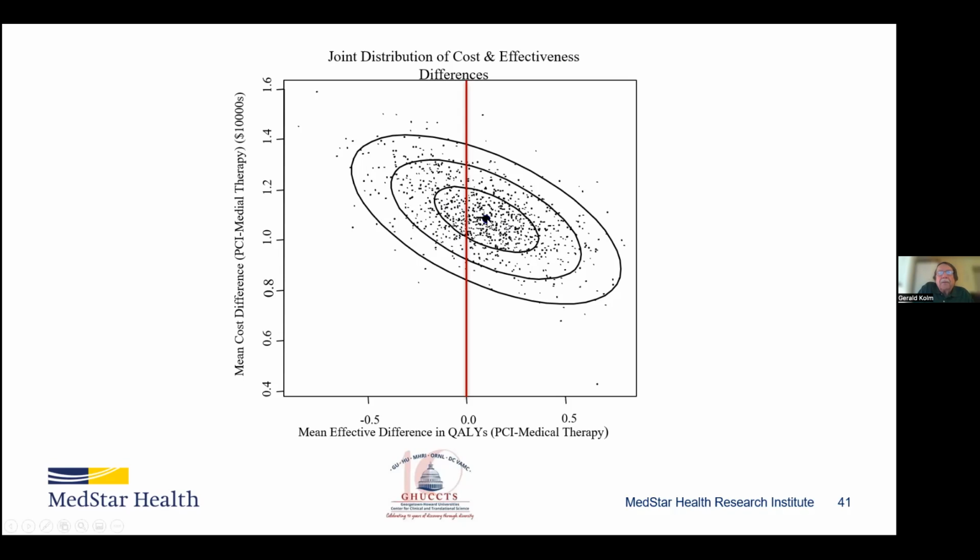The large dot in the center here is the computed incremental cost effectiveness ratio. And then the confidence bands here indicate, the inner band being, I believe, the 90 percentile confidence band. So in other words, 90% of our random draws fall in here.